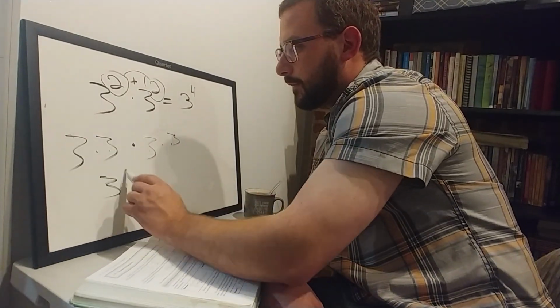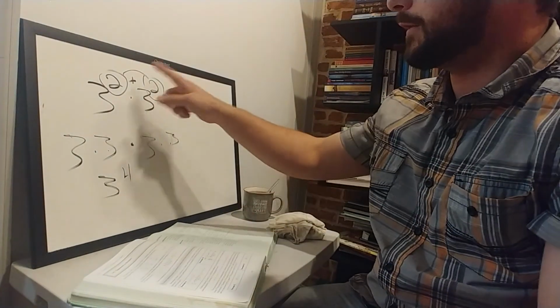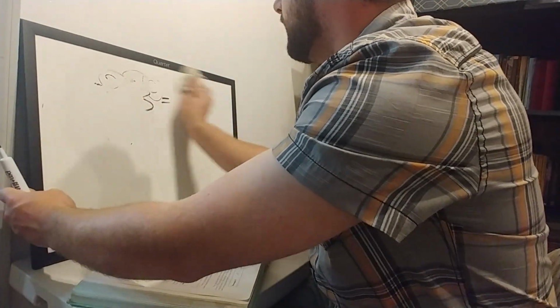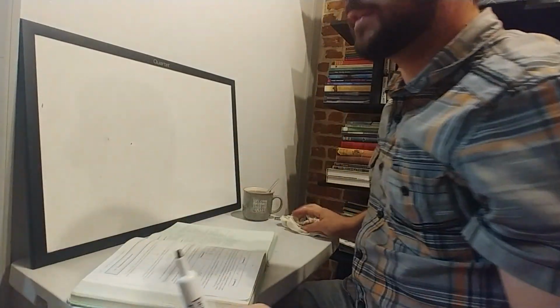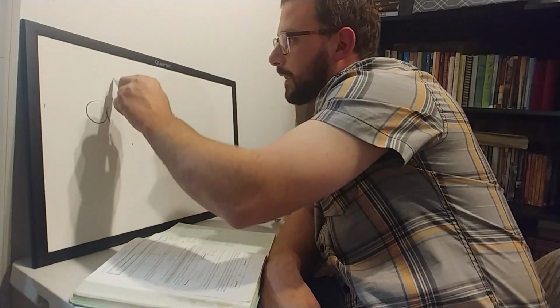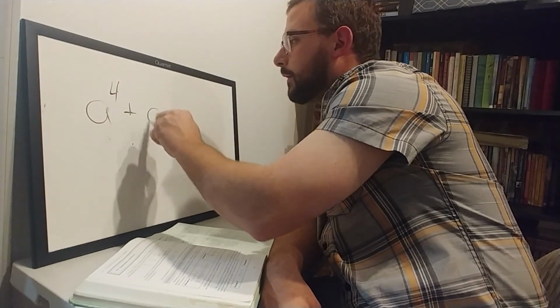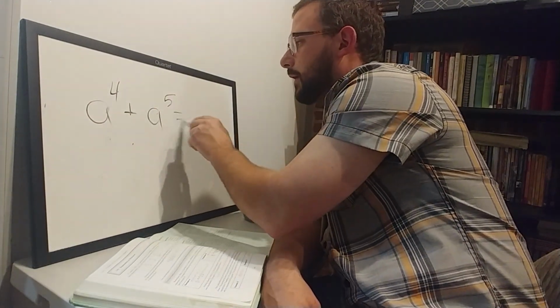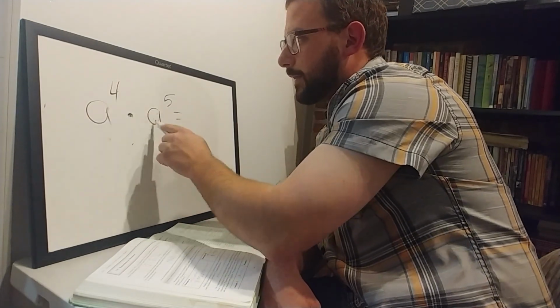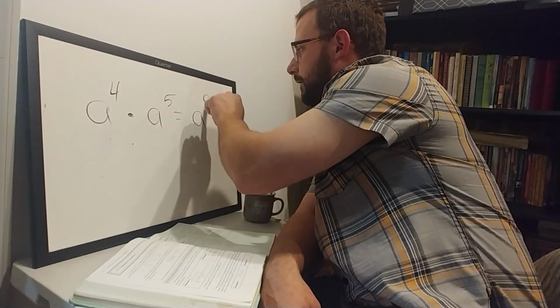That would be the same as 3 to the 4th, and you can see how that works. And then they showed you how you can do it with literal numbers as well. A literal number works exactly the same as a number, you just don't know what the number is. So if you have a to the 4th times a to the 5th, not plus, you can't add those, with multiplication you have a to the 9th.